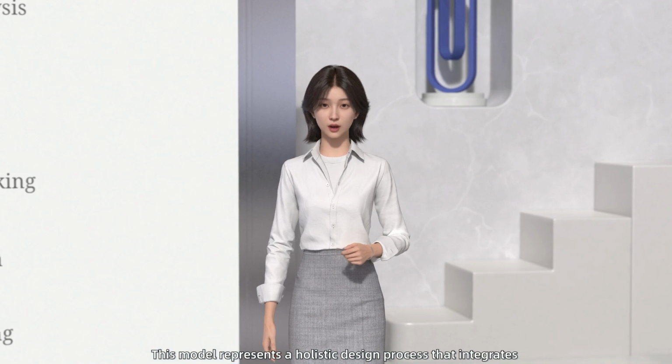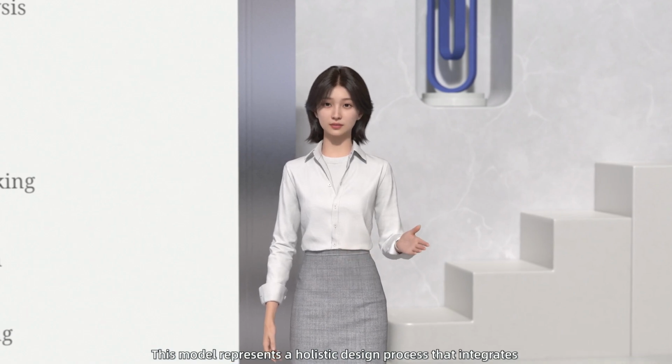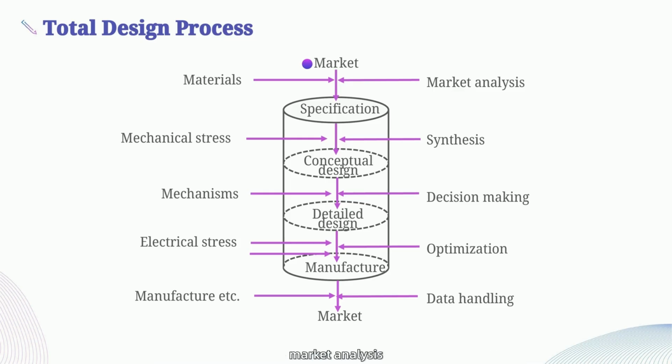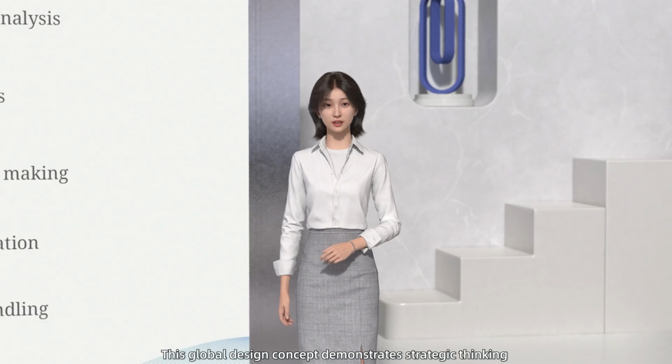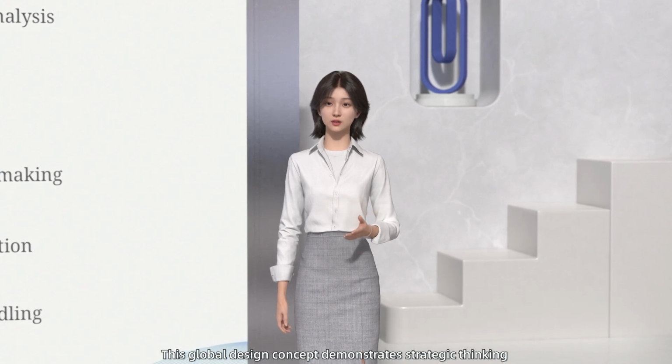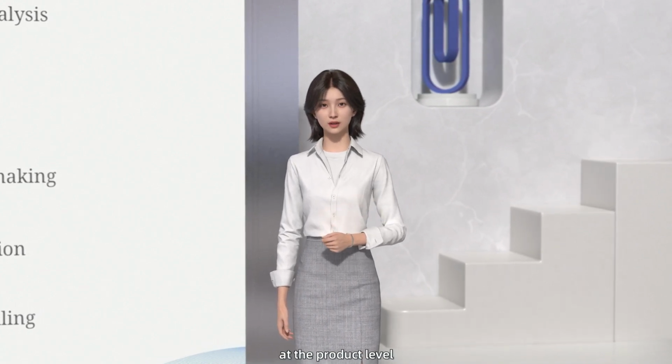This model represents a holistic design process that integrates market analysis, information analysis and synthesis, conceptual design, detailed design, manufacture, marketing, and sales. This global design concept demonstrates strategic thinking at the product level.